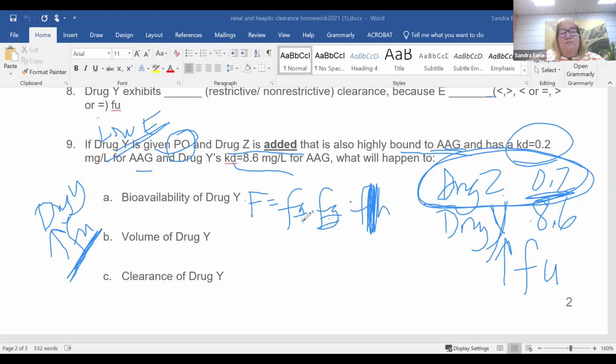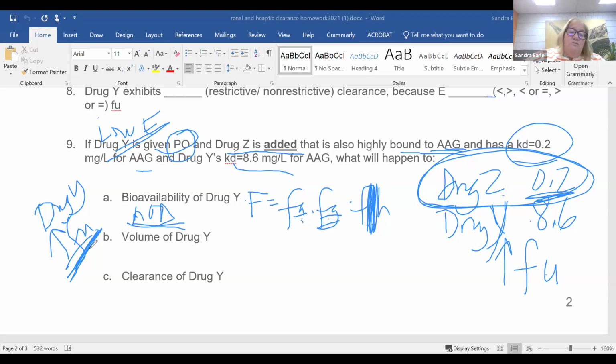FG, again, we're not even in the plasma yet. What can affect FG? Well, P-glycoprotein and the CYP system in the gut wall. Does that have anything to do with plasma protein binding? No. So this is going to be no change here, right? No change.